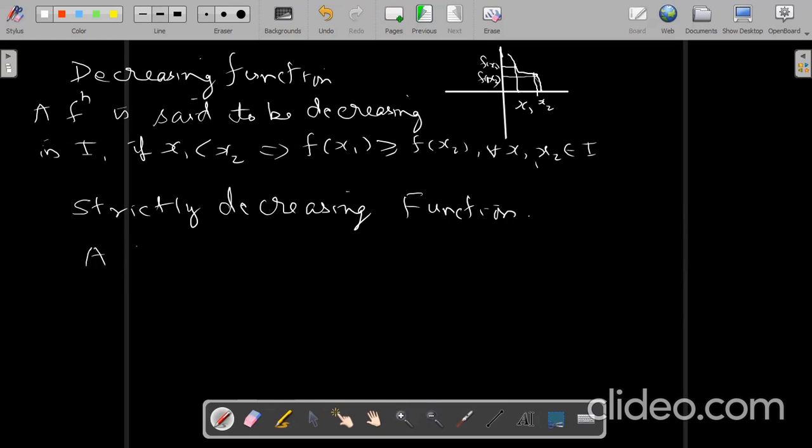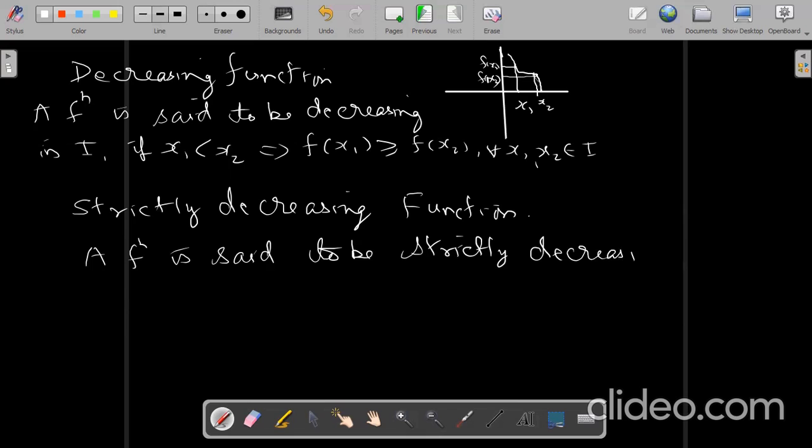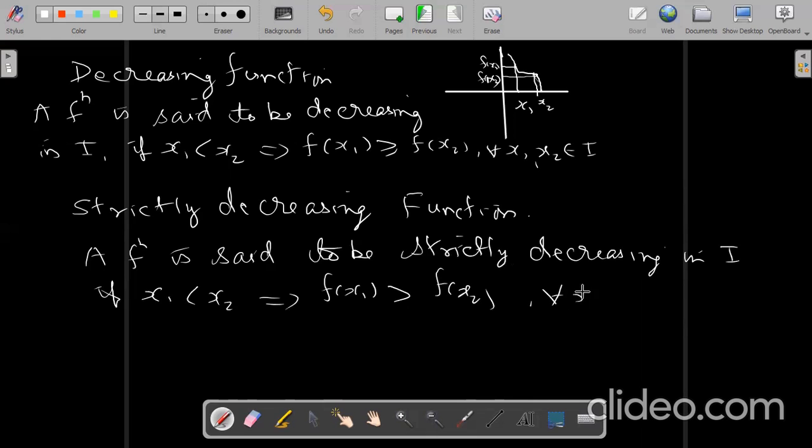So a function f is said to be strictly decreasing in the interval I if x1 is less than x2 implies that f(x1) is greater than f(x2) for all x1, x2 belonging to I, and its graph will be like this.